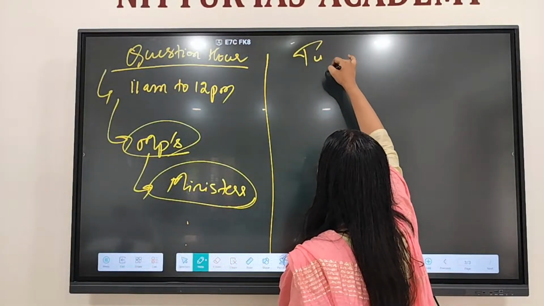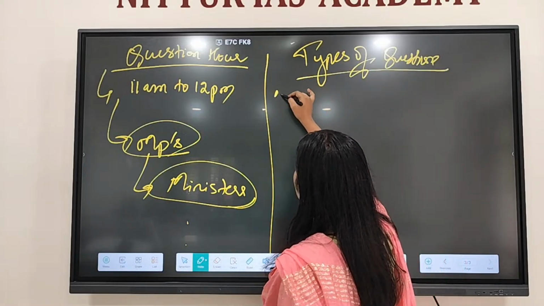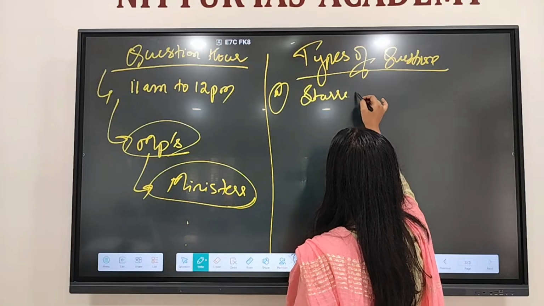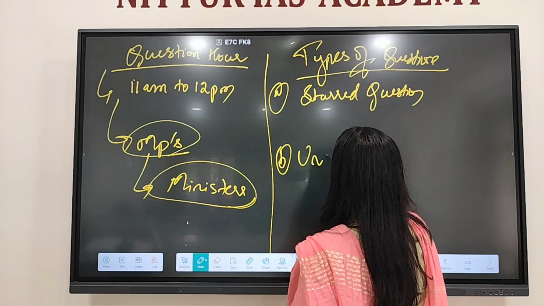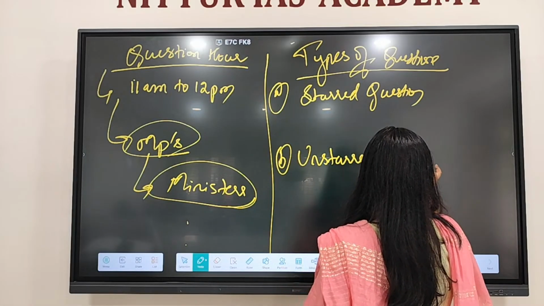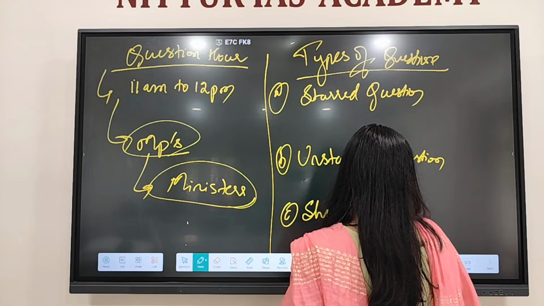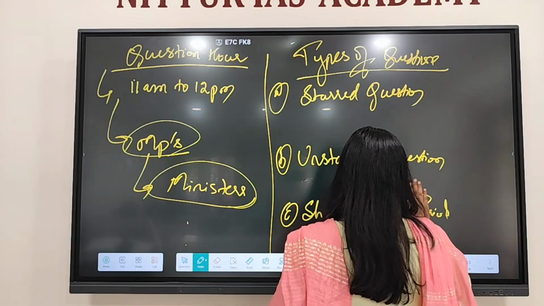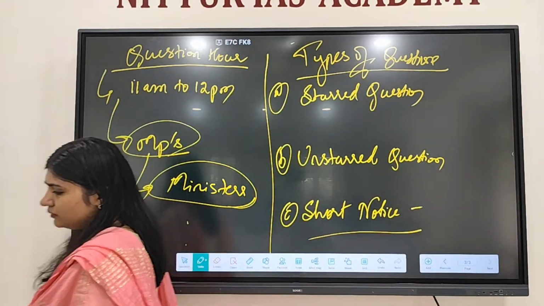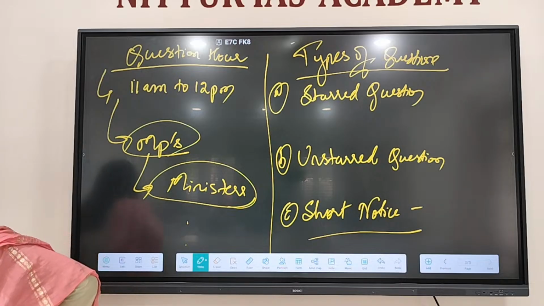There are types of questions. First one, stated question, unstated question, and the third one is short notice question.